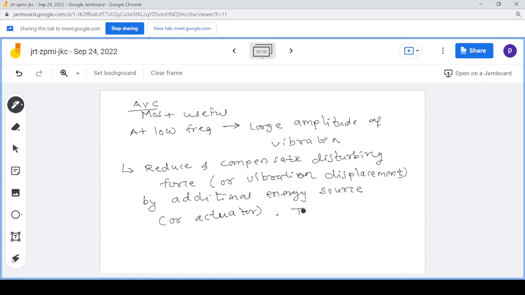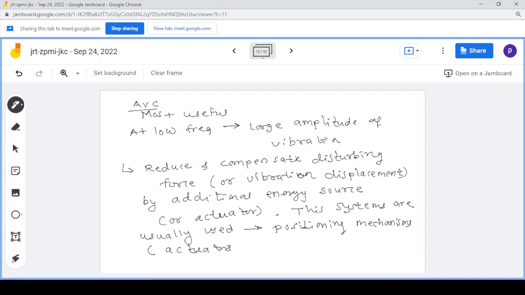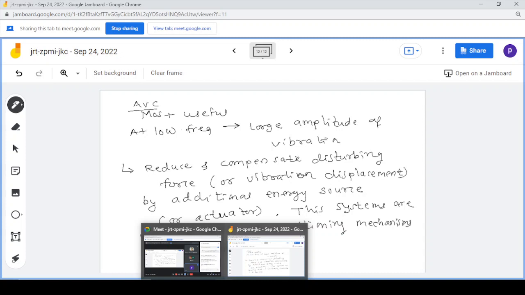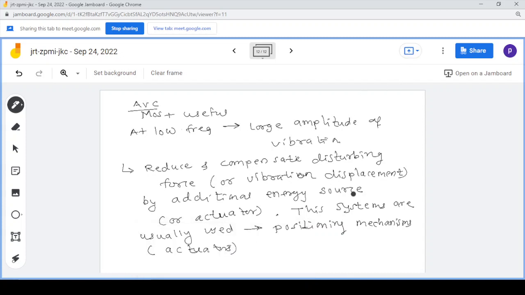These systems usually use positioning mechanisms, or we can say these systems actually use actuators.